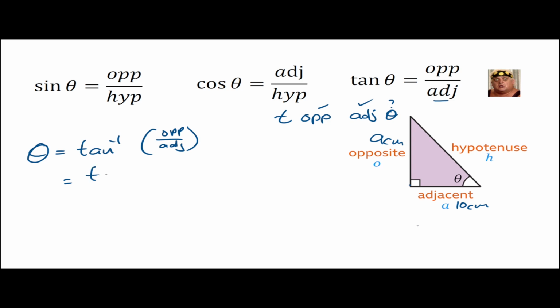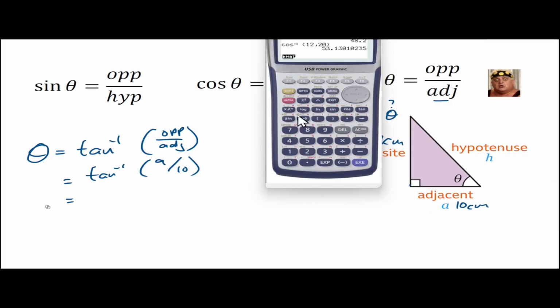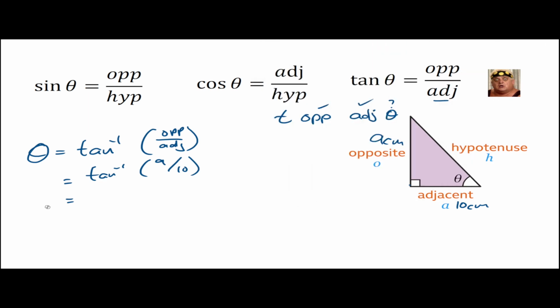The opposite is 9, the adjacent is 10. Grab your calculator and let's work it out. Tan -1 brackets 9 divided by 10, it's 0.9, but put it in: 41.99 degrees.